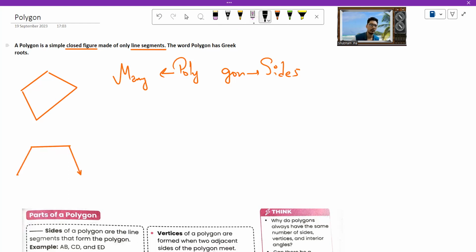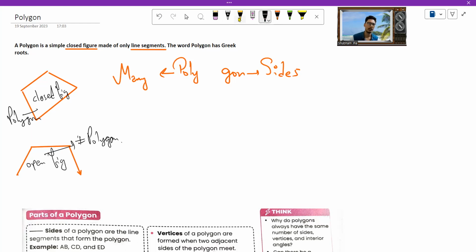Therefore, this will be my closed figure, and this will be my open figure. These two both are made up of sides, but this is my polygon, whereas this is not a polygon.